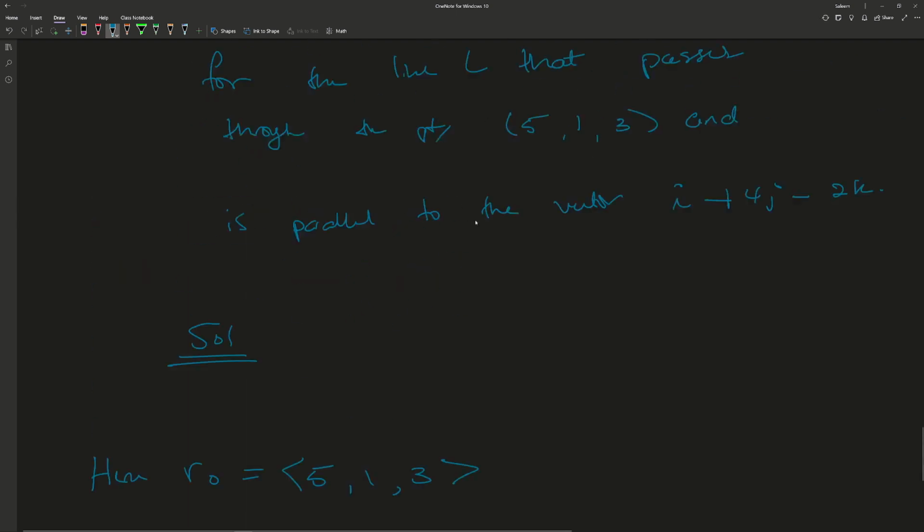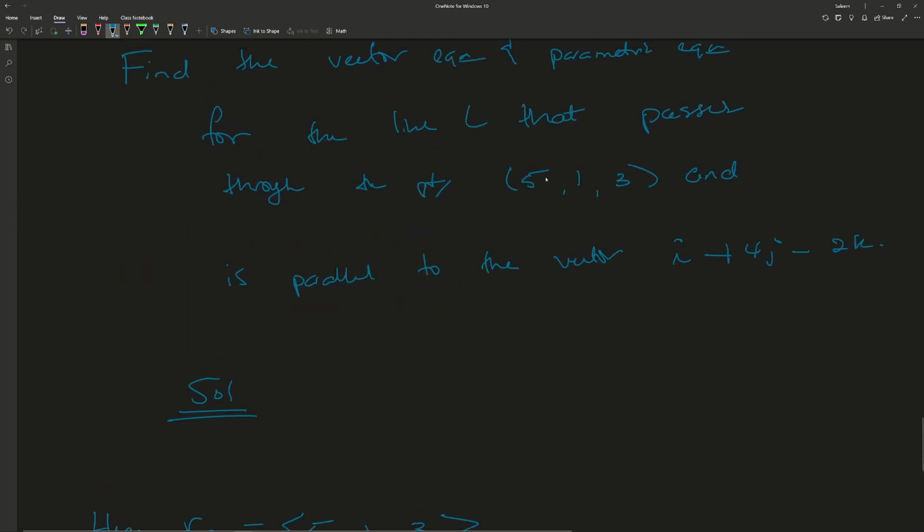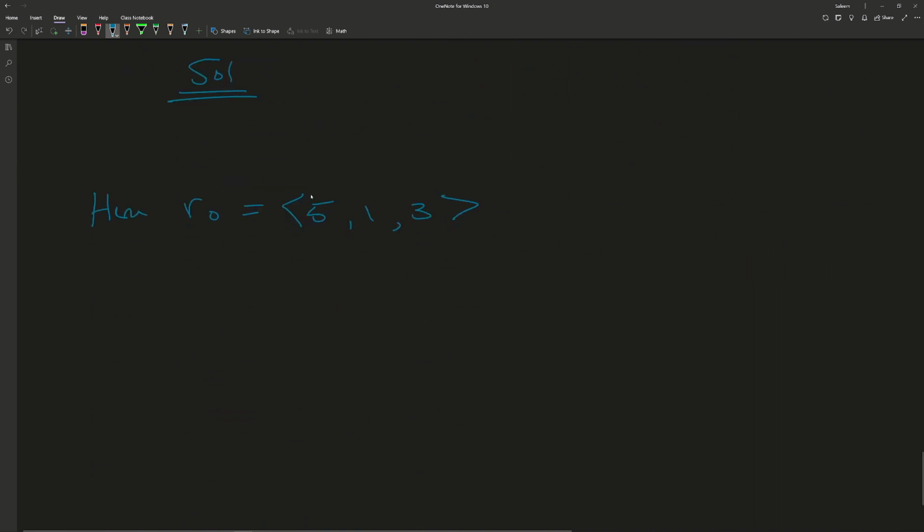We have changed from the point with the curved braces to the vector, which is the same thing as 5i plus j plus 3k. And v is given as i plus 4j minus 2k.